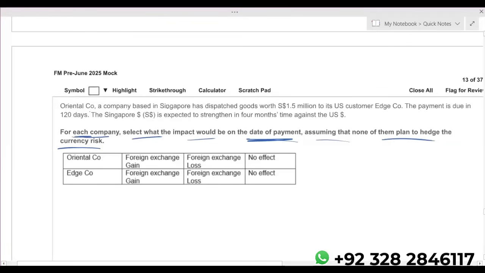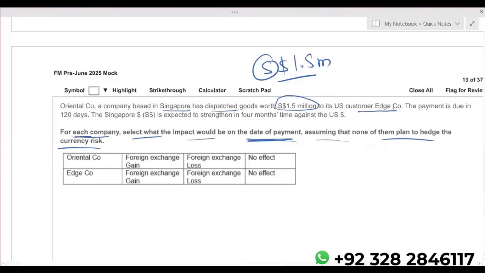Oriental company, a company based in Singapore, has dispatched goods worth Singaporean dollar 1.5. It's not dollar 1, it is Singaporean dollar. Now listen carefully.